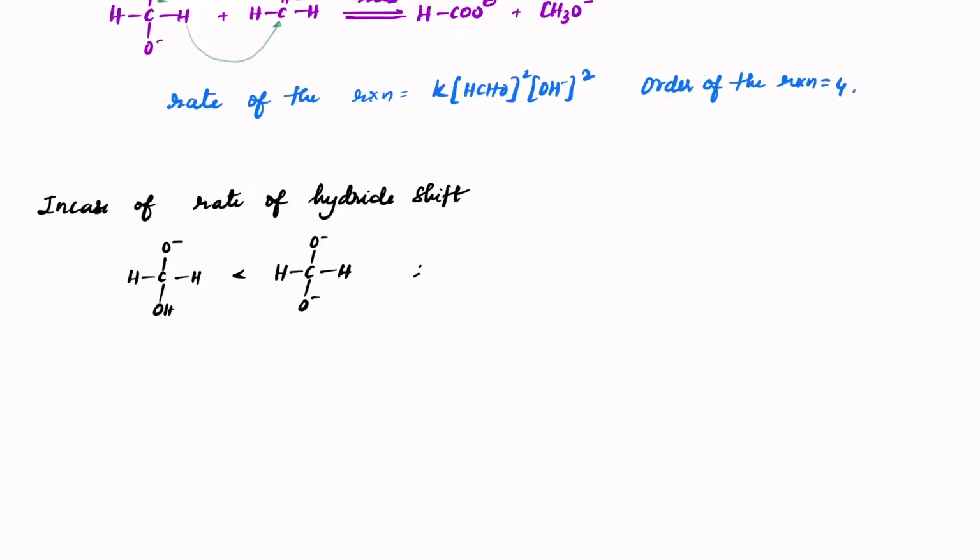In fact, if I compare them in this part also, that is HCO minus and OH, and here we have hydrogen, and here we have HO minus and O minus, and deuterium also, still this is more.